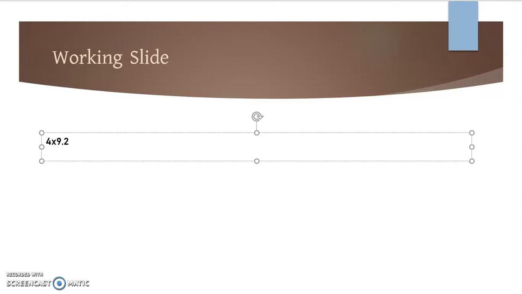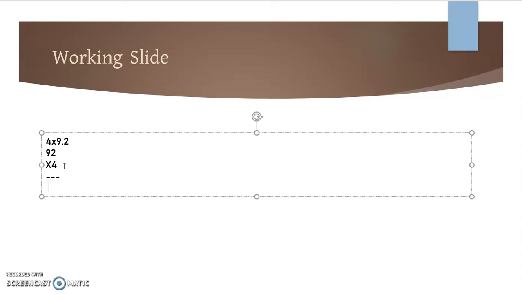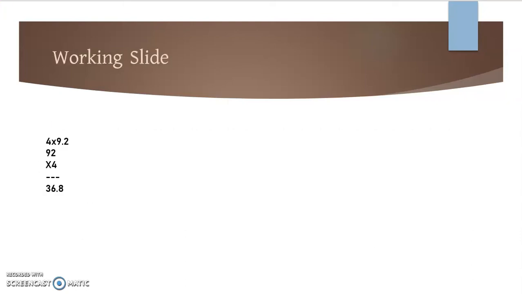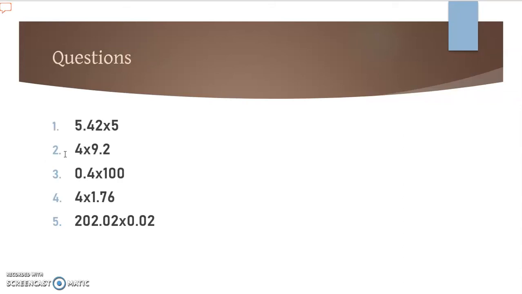I want to reverse the question. 9.2 into 4, 92 into 4, we ignore the decimal over here. 2 into 4 is 8, and 4 into 9 is 36, 368, and we have to put 1 decimal point. Answer should be 36.8.